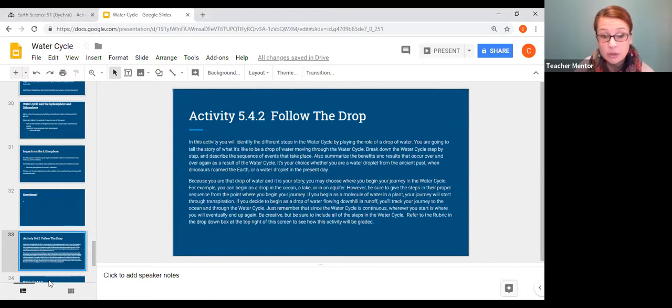If you decide to begin as a drop of water flowing downhill in runoff, you'll track your journey to the ocean and through the water cycle. Just remember that since the water cycle is continuous, wherever you start is where you will eventually end up again. Be creative, but be sure to include all the steps in the water cycle. Refer to the rubric in the drop box at the top right of the screen to see how this activity will be graded.